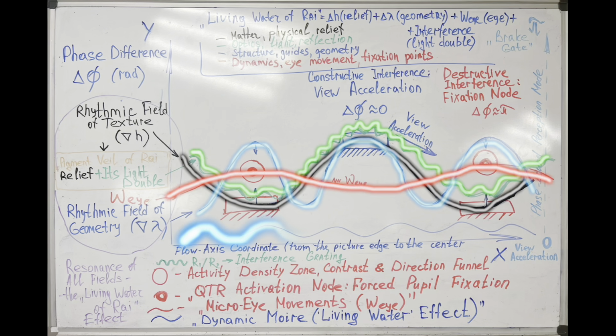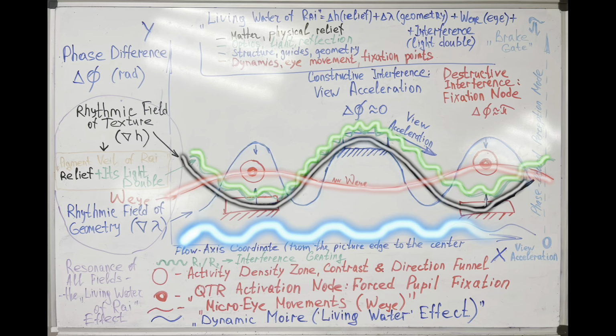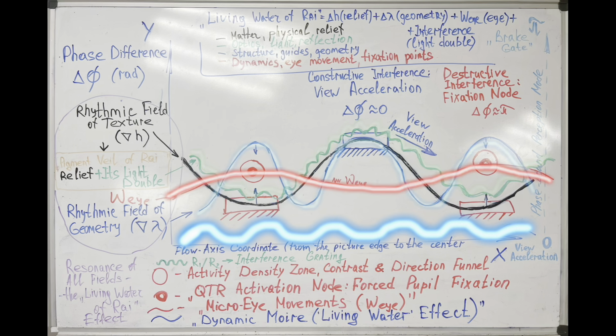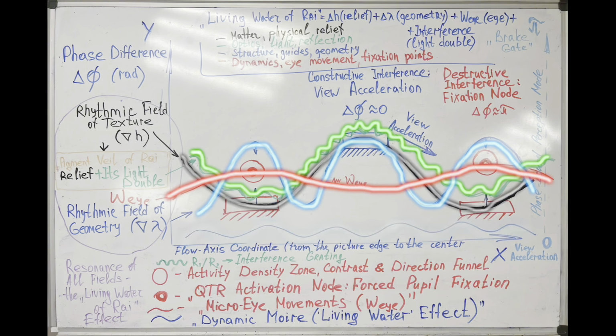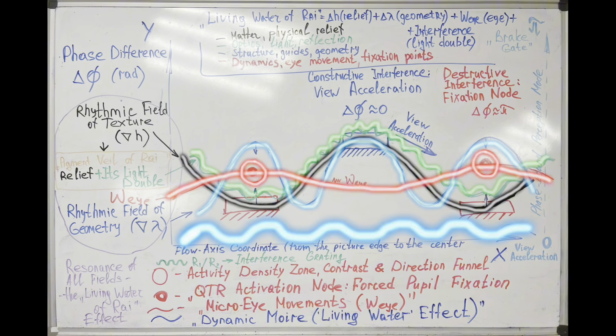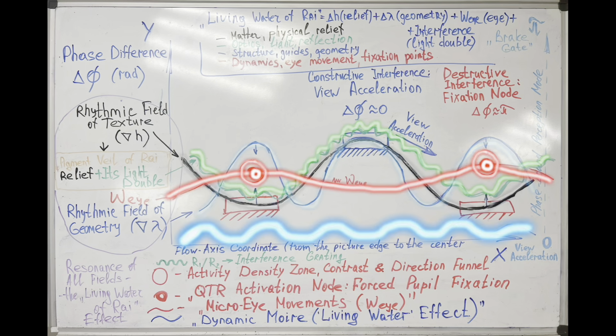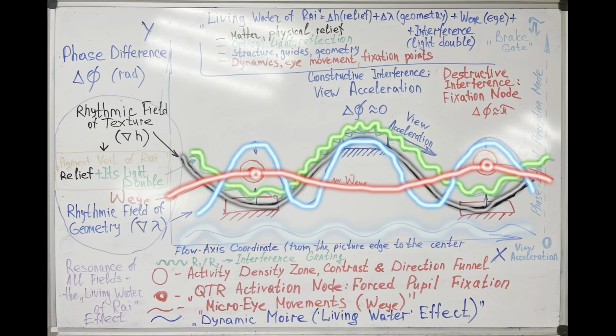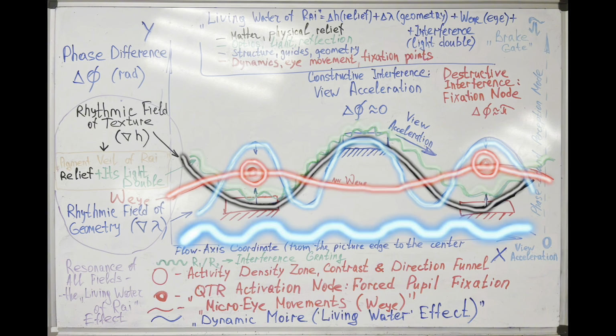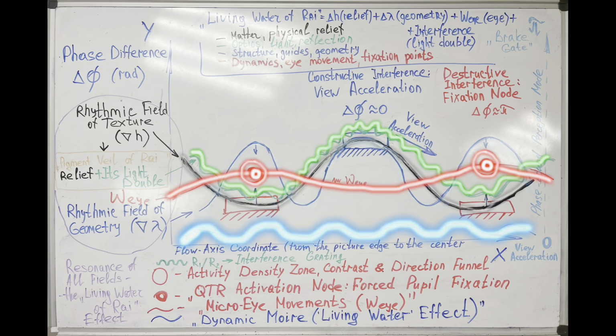As a result, the ultimate living Water of Rai effect emerges, a dynamic moiré of extreme frequency that physically animates the canvas. The red circles on the diagram are precisely the QTR activation nodes, critical points where the viewer's attention density reaches its maximum due to the forced fixation effect. Under the influence of the vector flow, the stationary haze acquires dynamics. The water begins to vibrate, flow, and rush forward into the room space.